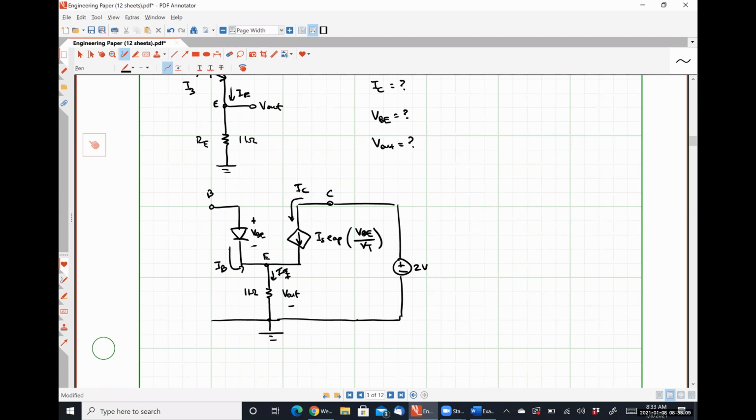Who's got any thoughts on this? This one's probably the hardest one in my opinion. Oh, yep, you're absolutely right. There is a short circuit here between the collector and base terminals.